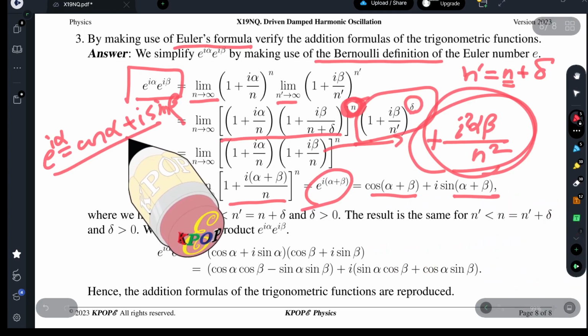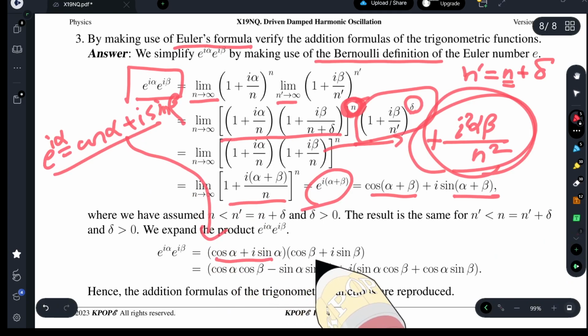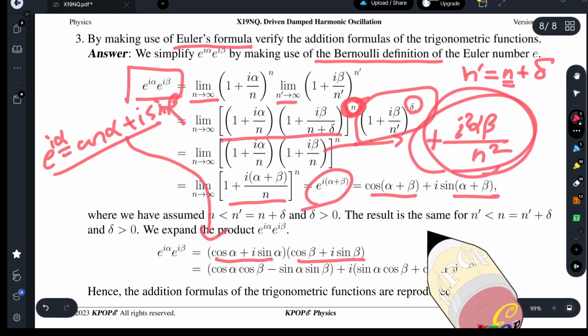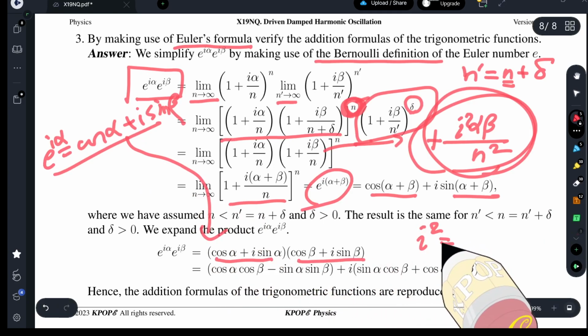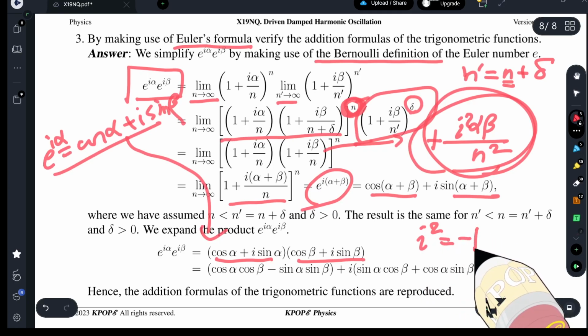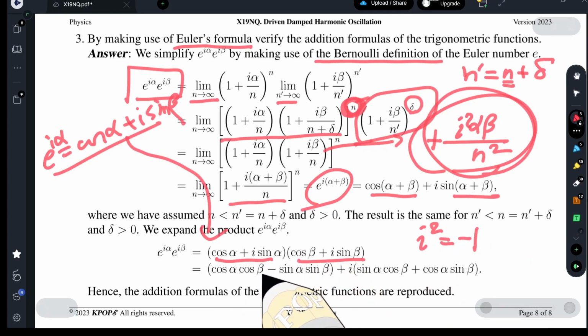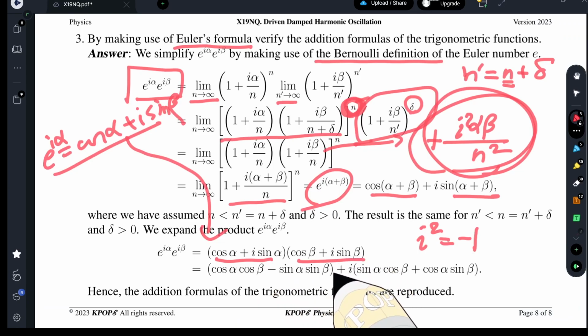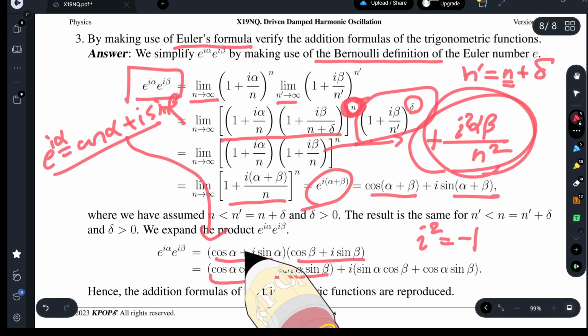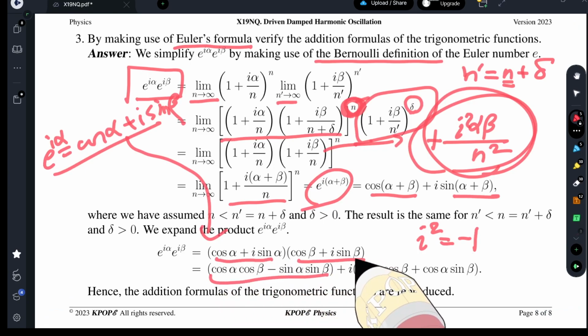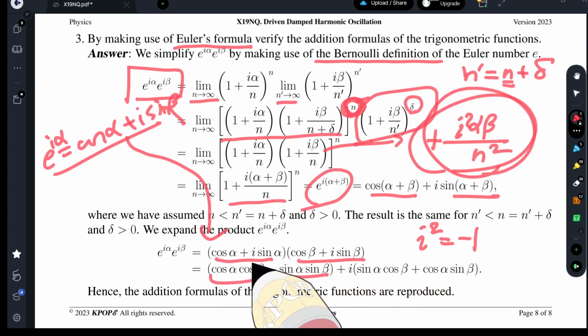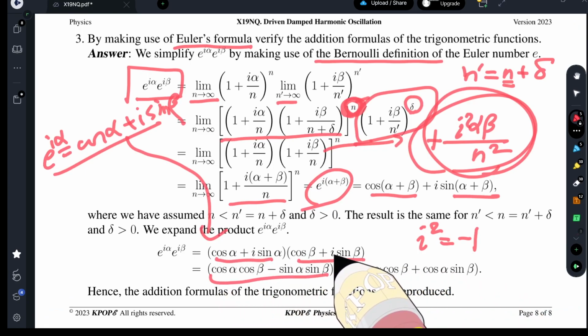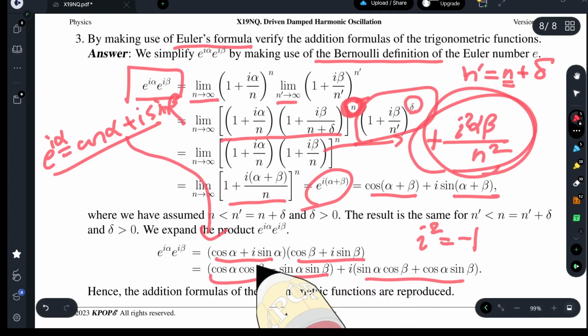We substitute Euler's formula for each factor and expand them, making use of the fact that i squared is minus 1. We have cosine alpha cosine beta minus sine alpha sine beta as the real part, and the imaginary part will be cosine alpha sine beta plus sine alpha cosine beta. This is another way to prove the addition formula for the trigonometric functions. That's it for today.